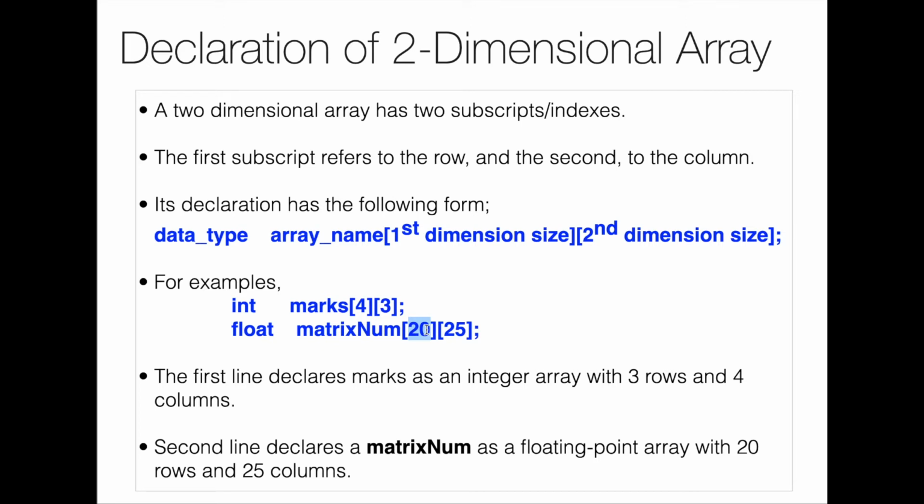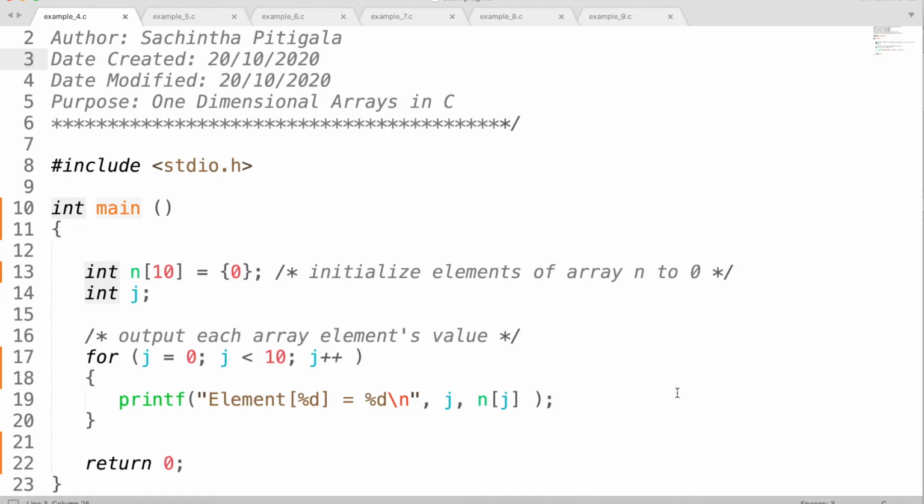So let's look at a few examples related to declaration and use of these two-dimensional arrays. We have declared and initialized our one-dimensional arrays. If you remember, this is how you declare a one-dimensional array. You need to specify an identifier, then within the square brackets, how many elements you plan to store in this one-dimensional array.